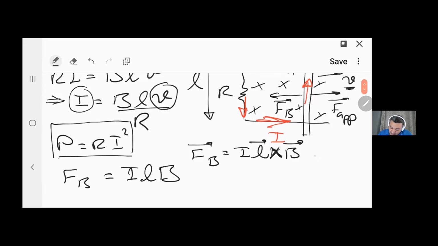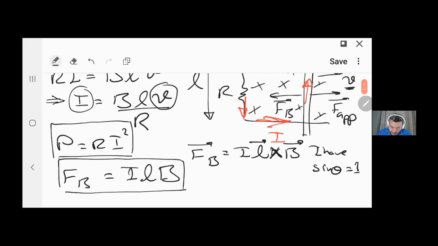So I have sine theta equals 1 because B is perpendicular to L, and the direction due to the right hand rule, F_B is pointing to the left. So now I know that F_B equals I L B.